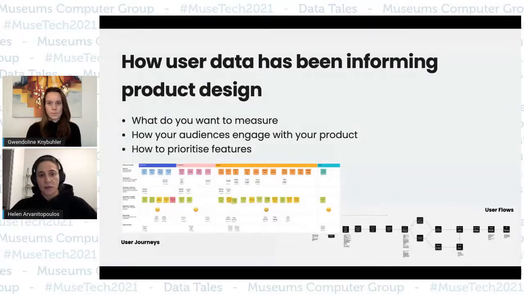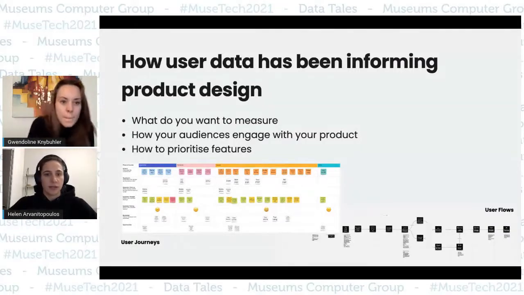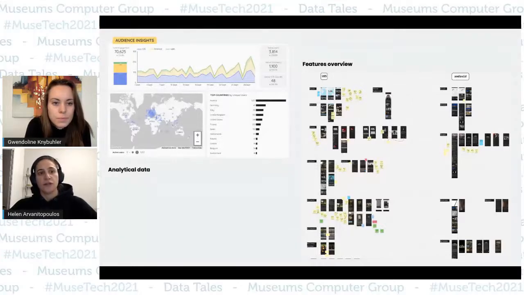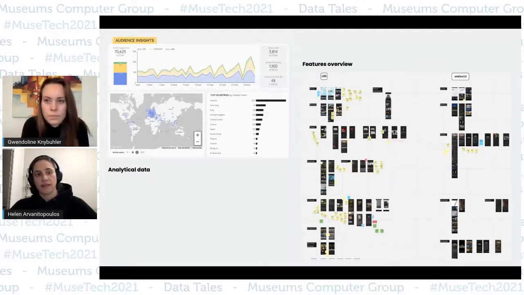So from this, how do our audiences engage with the product from these customer flows and customer journeys? We look at this through our analytics. We have a great team that really dives deeper into our analytical data. With those user flows that you saw earlier, we can start documenting what we want to measure and track and see how our numbers and results are coming back, so we can better understand what we can improve in our features, and what we need to improve for the outcomes for the users.